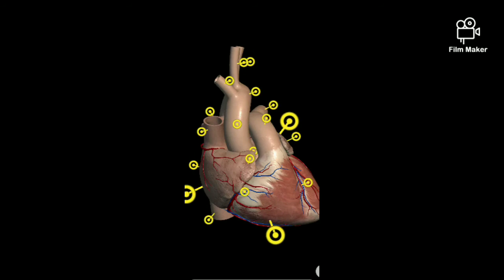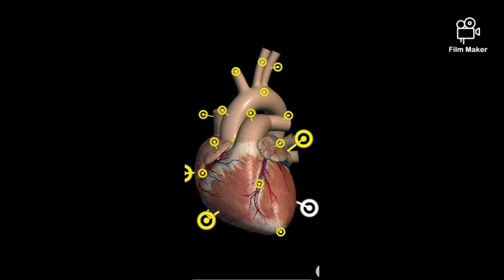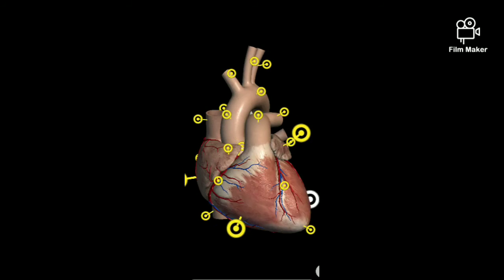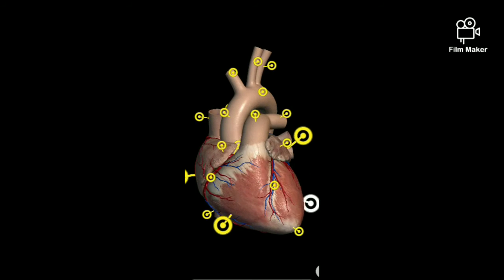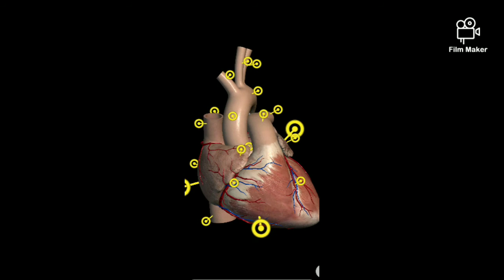Okay, and the clinical feature of these: tetralogy of Fallot is a cyanotic congenital heart disease comprising four abnormalities as the result of a single developmental defect.